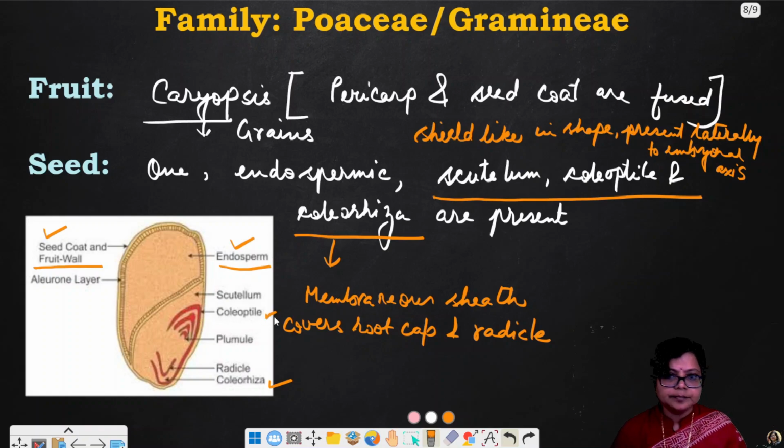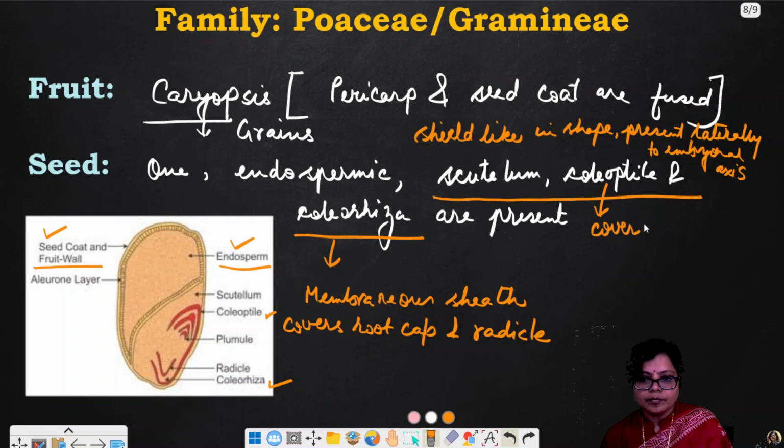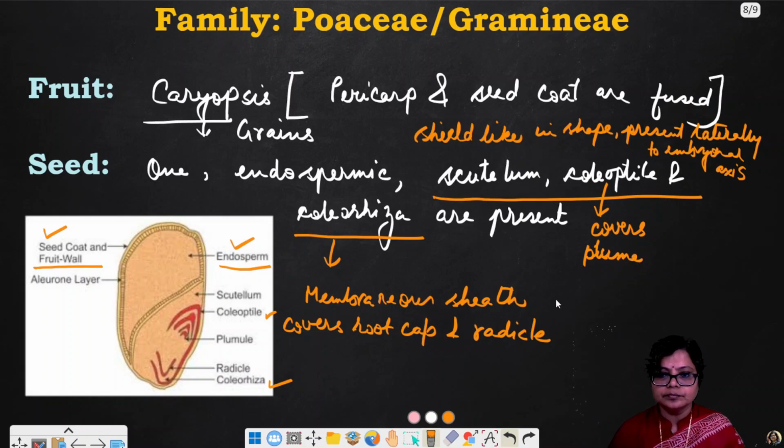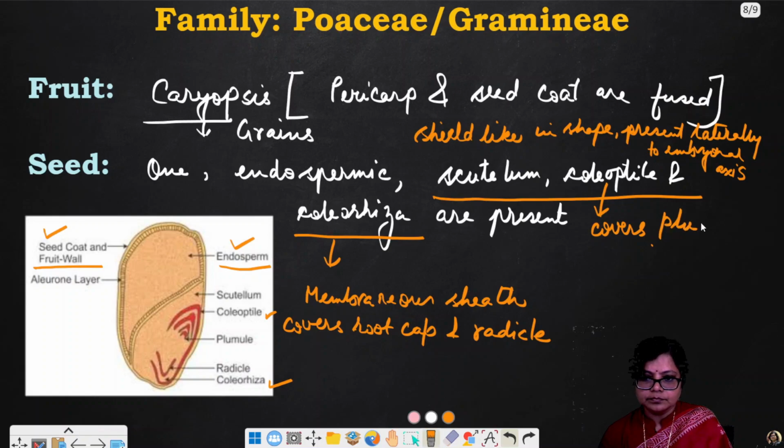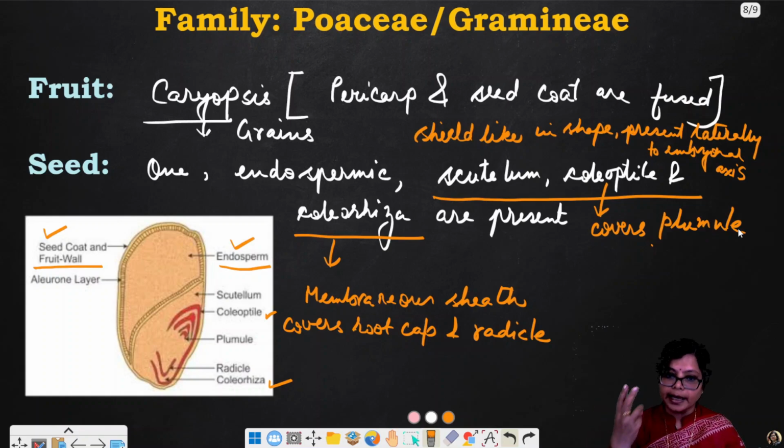And coleoptile, it is also a membranous sheath covering which covers plumule and the leaf primordia. Points to be remembered: scutellum, coleoptile and the coleorhiza.